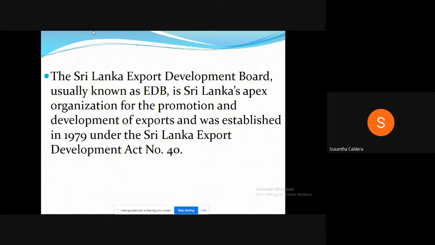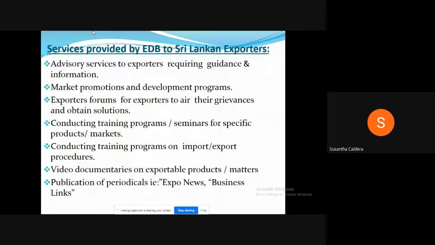That's the apex organization for the promotion and development of exports in Sri Lanka. And services provided by EDB to Sri Lankan exporters, I don't want to go through in detail. You all can read this and study. But this is a possible question.